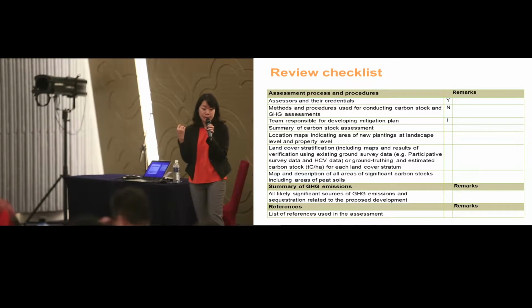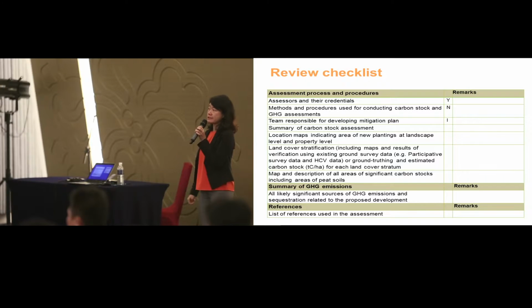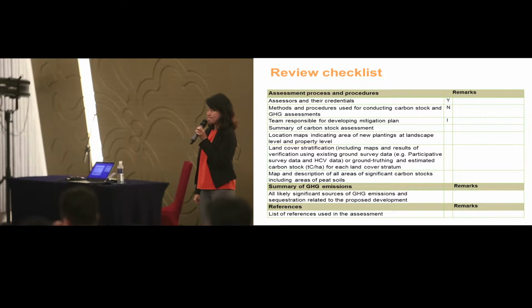And then, what are the different vegetation strata that you have found? And what is the estimated carbon stock for the different strata? Also, if you have peat, you need to indicate that you have peat, and where your peat is. So you have to provide all these maps and descriptions.